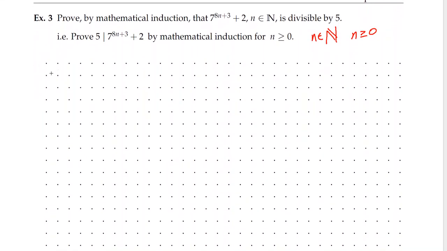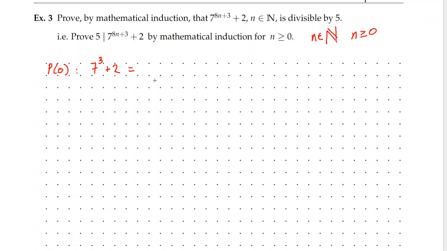Our first step is to consider our first case. If n equals 0, that's going to be 7 to the third power plus 2.